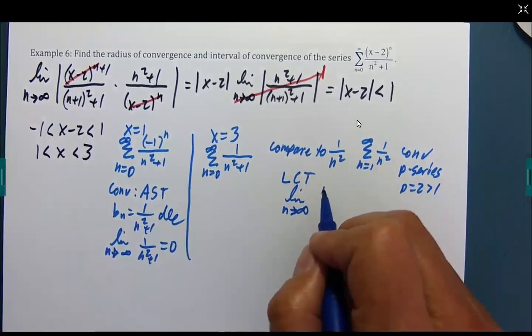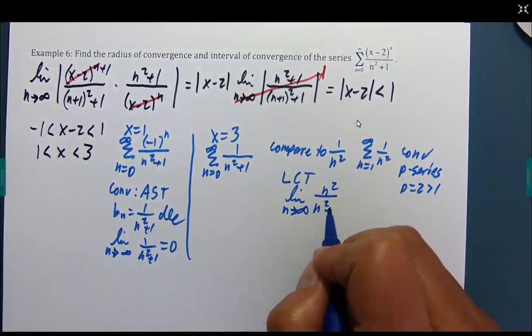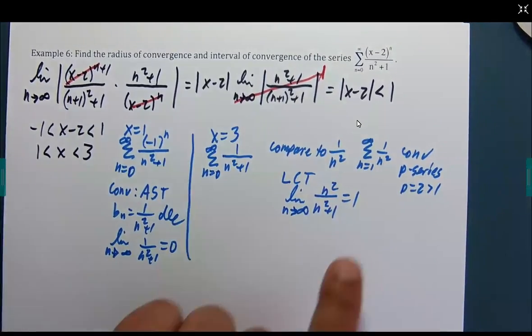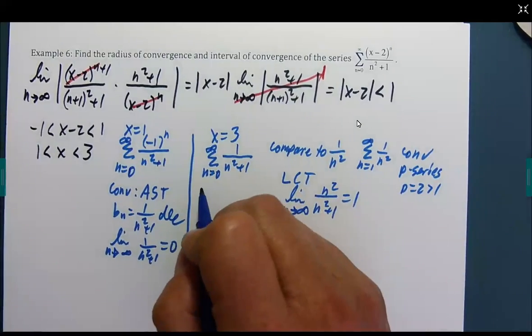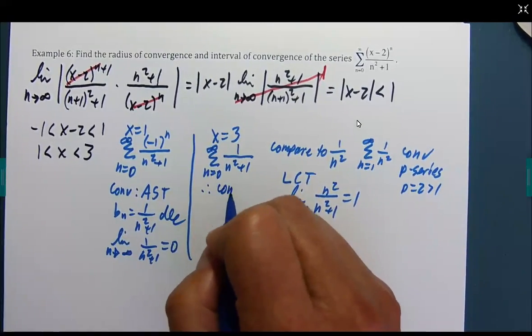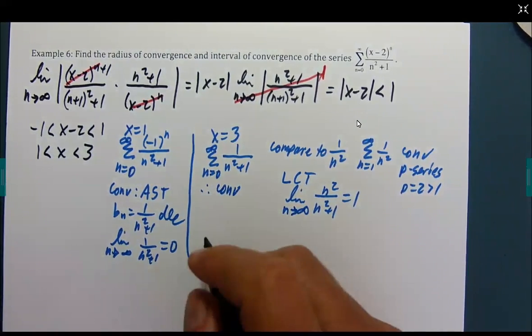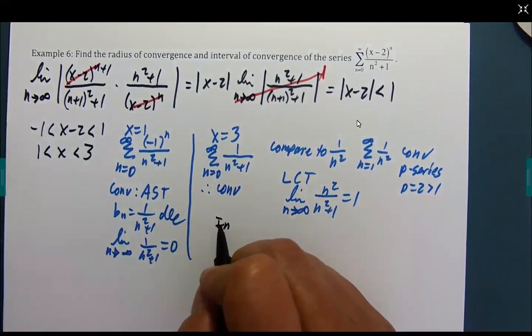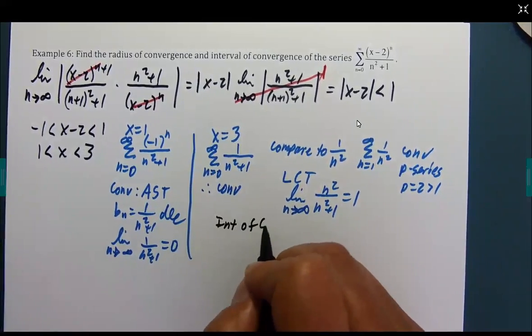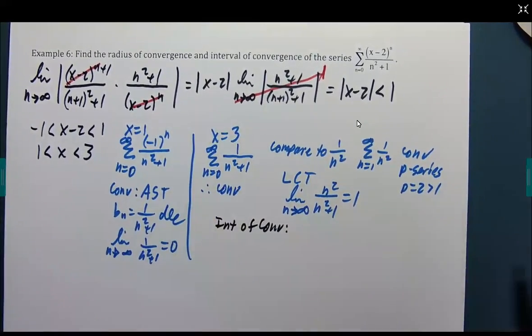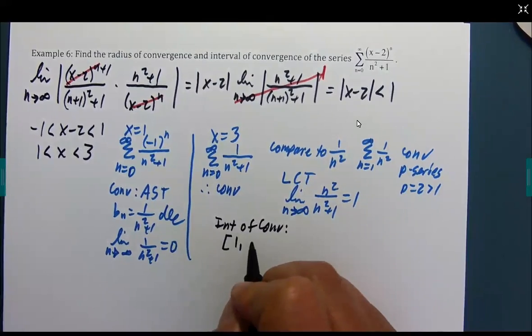So that's going to be n squared over n squared plus 1. And because this one converges, this one also converges. Convergent. So we're going to include both 1 and 3 as endpoints. So our interval of convergence becomes 1 and 3.